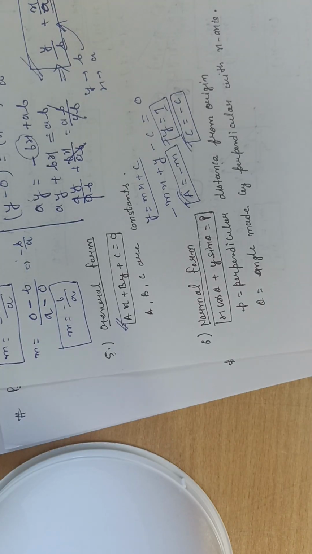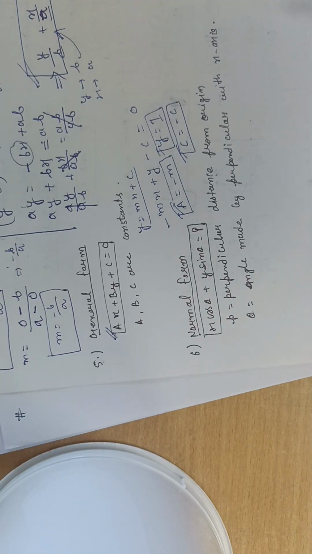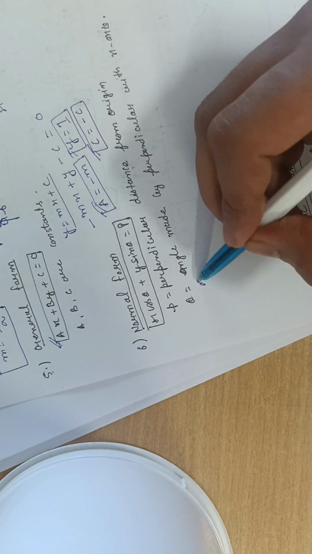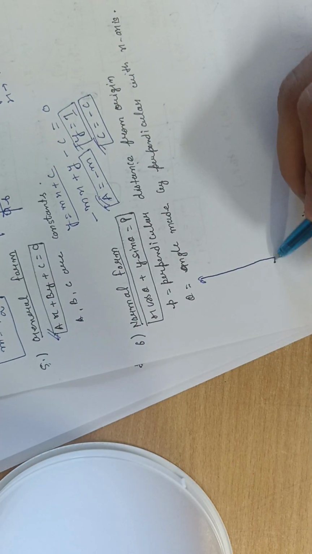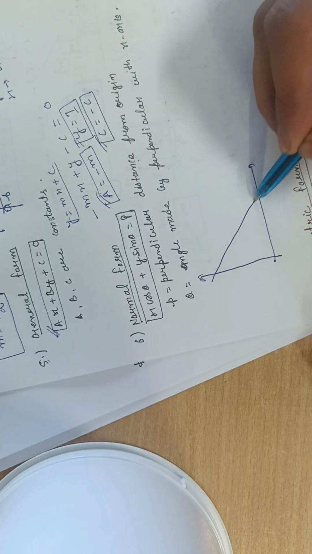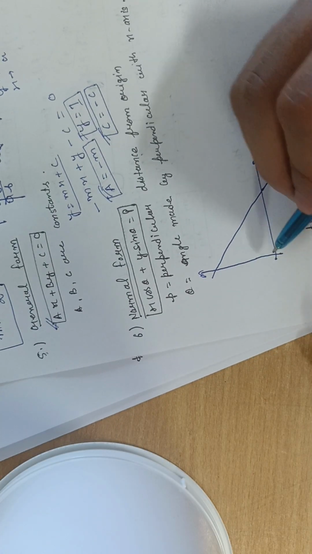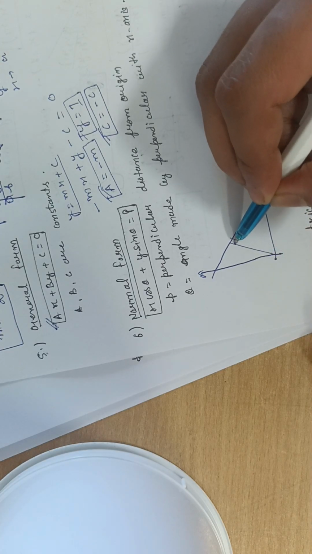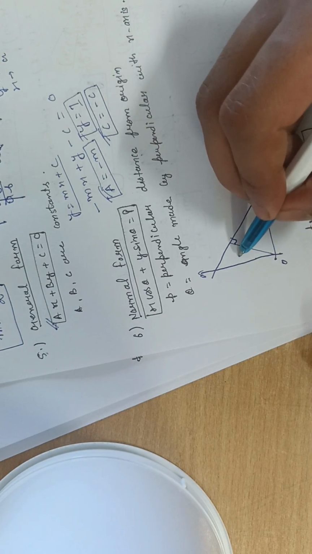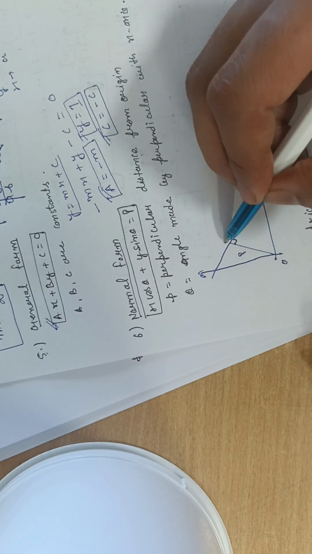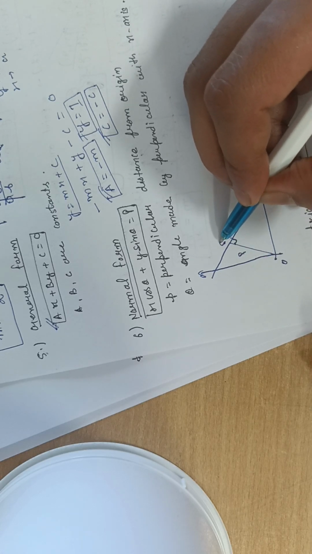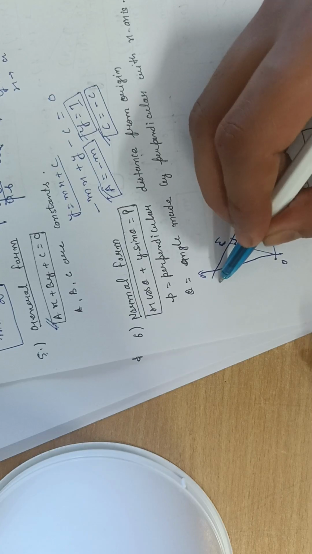Now we will see the normal form of the equation. Normal form is basically, suppose we are given the perpendicular distance from the origin to a particular line, say p. We assume that this is the line PQ.